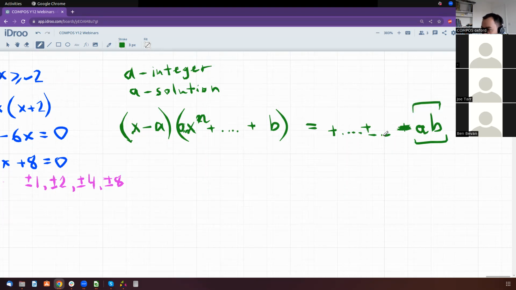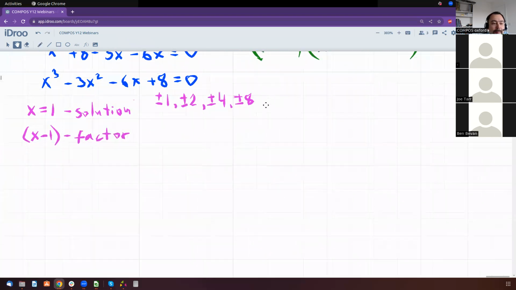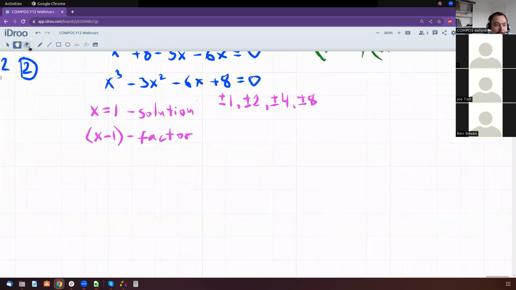I don't think I can prove it fully right now, but I think I've shown that if a is a solution, this number has to be divisible by a.